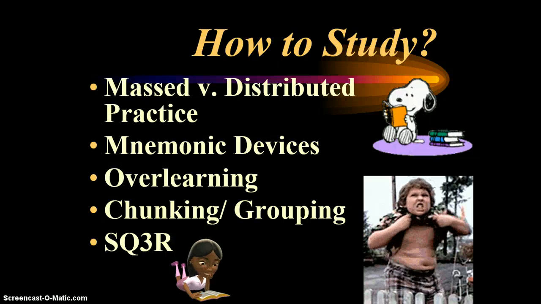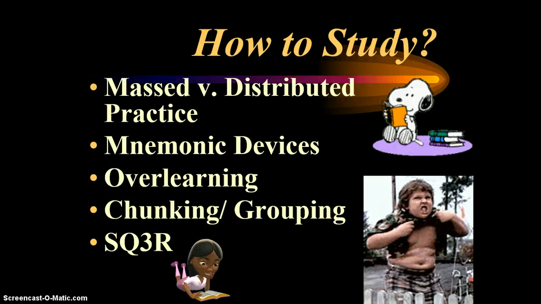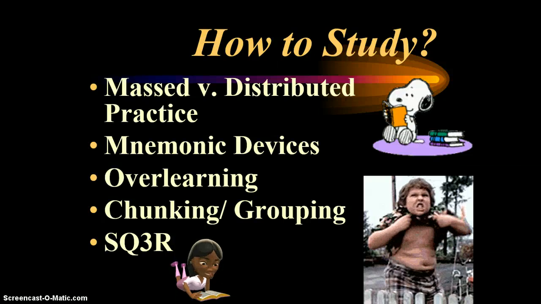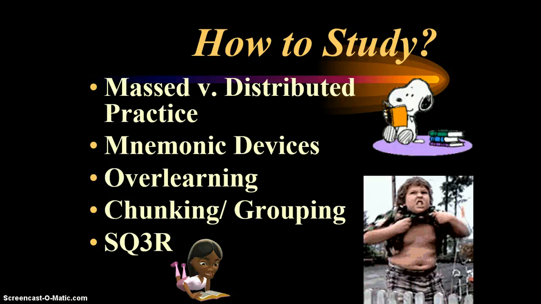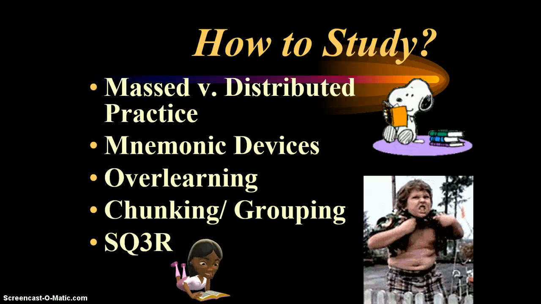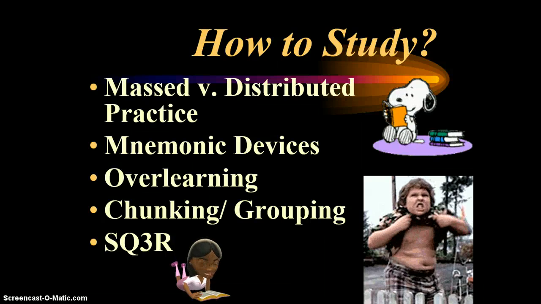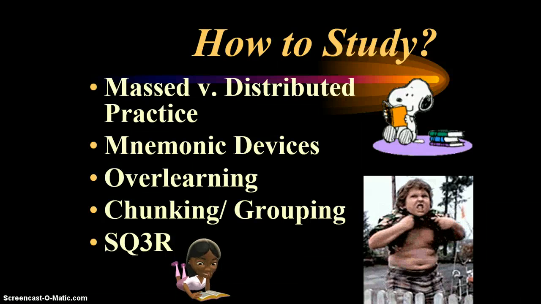Another method, and this is extremely effective for reading, and especially textbook reading. It's known as the SQ3R. S stands for survey, Q is question, and then there's 3 R's: read, recite, review.